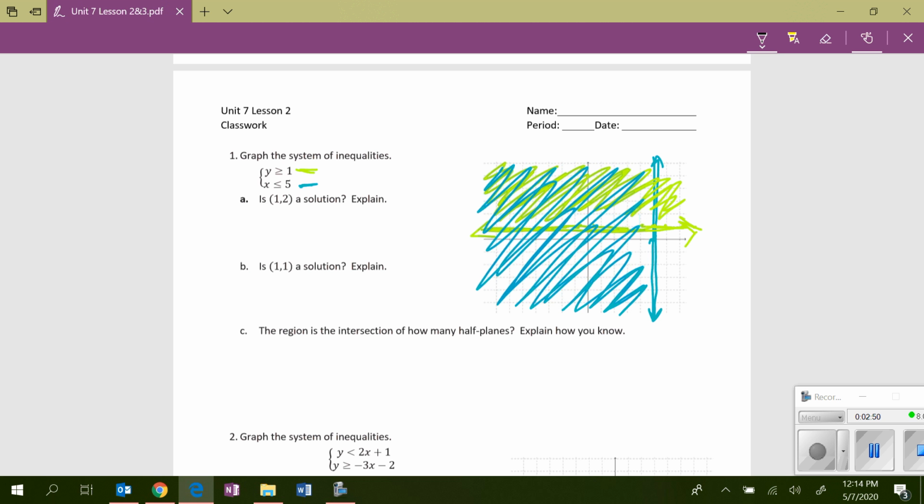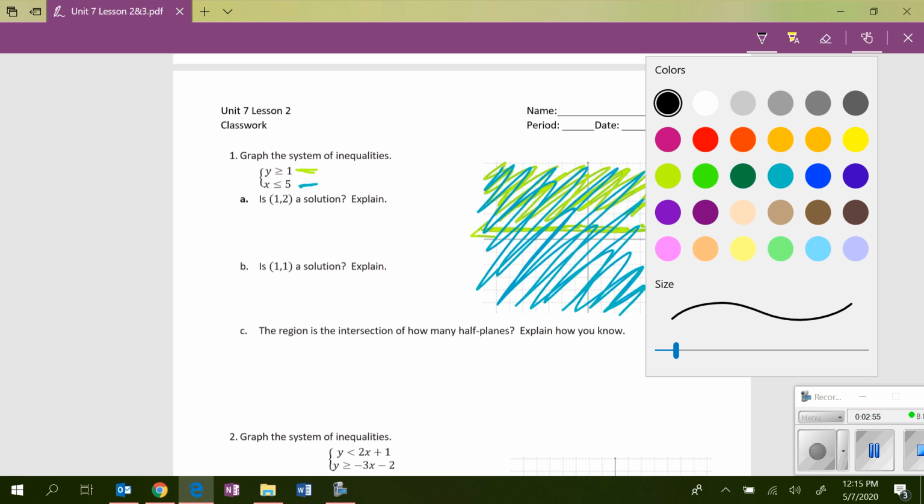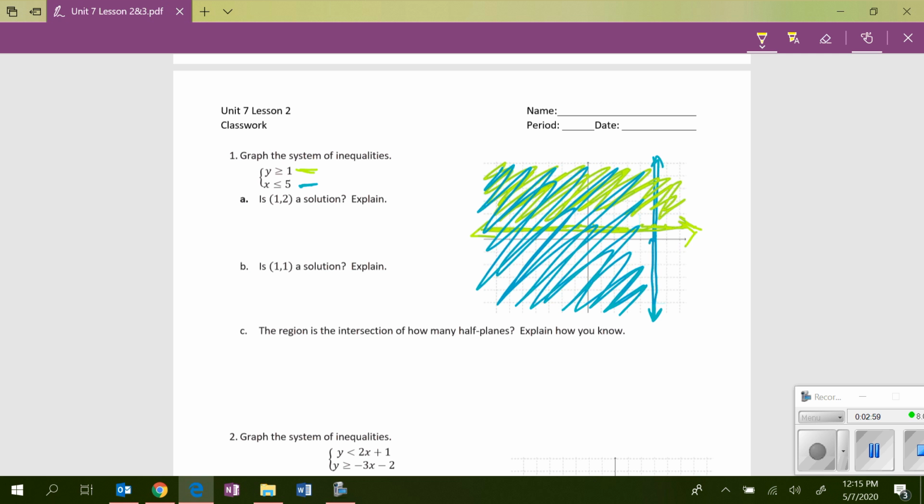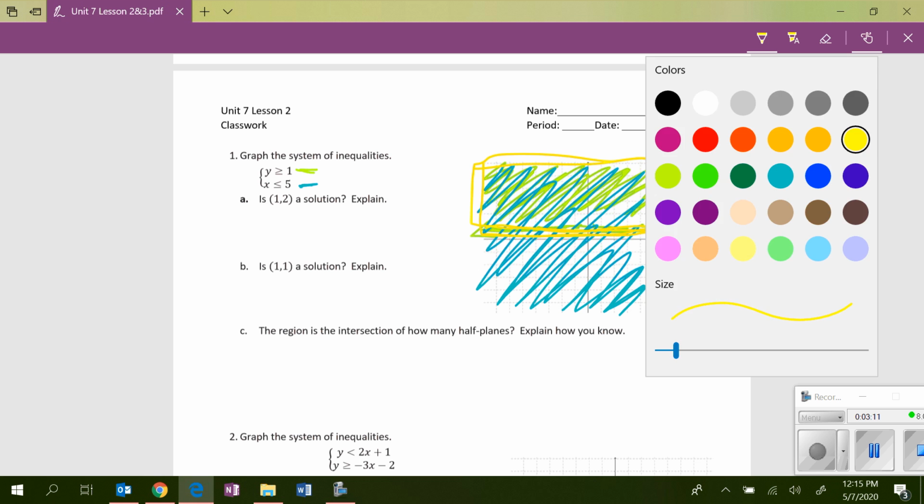Is (1, 2) a solution, and explain. When we have a system of inequalities, the solution lies in the overlapping shaded area. And we can include the bounds here and here because they are solid lines, only because they are solid lines.